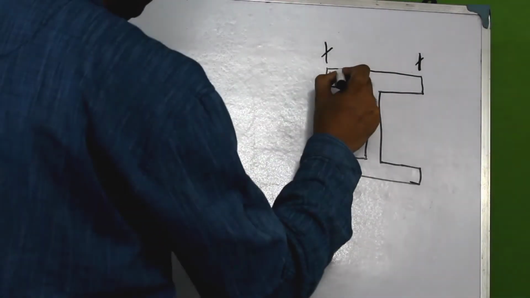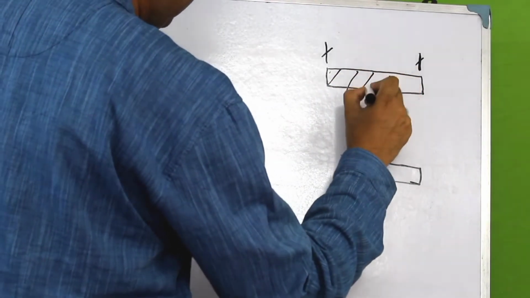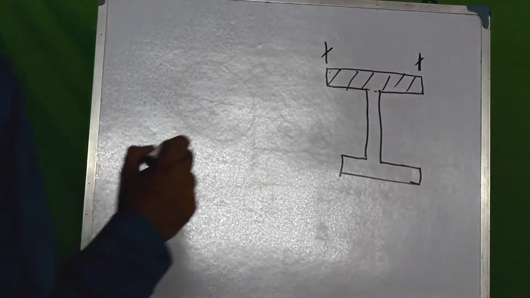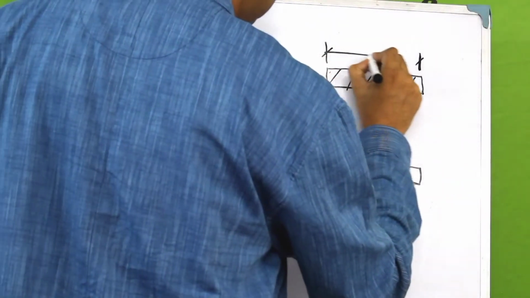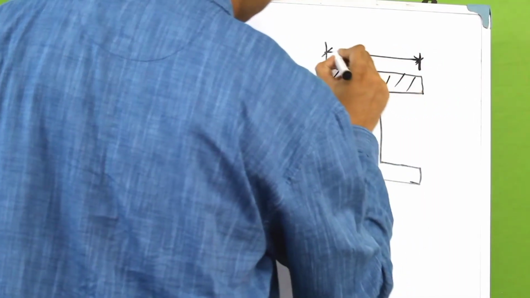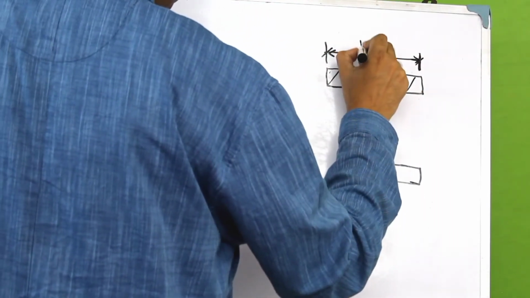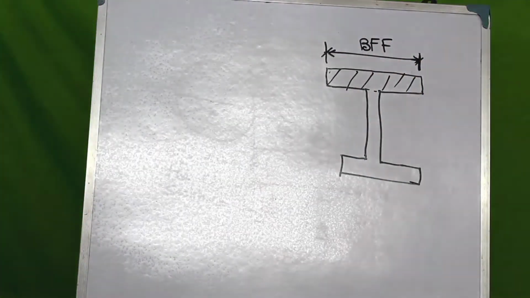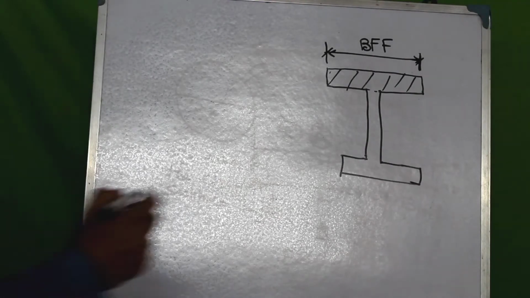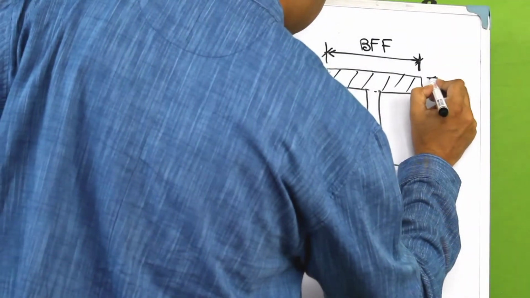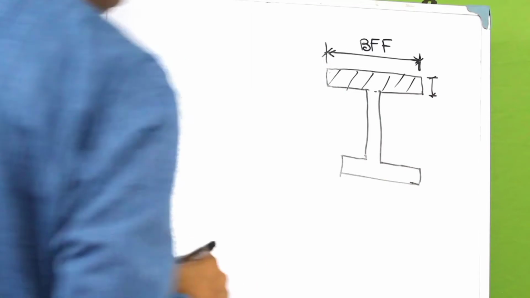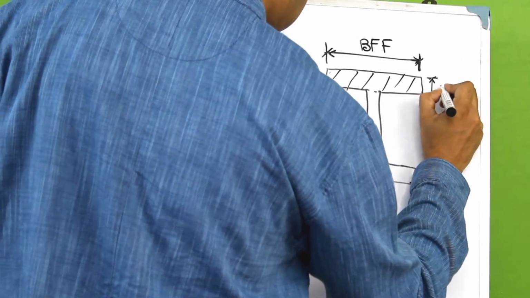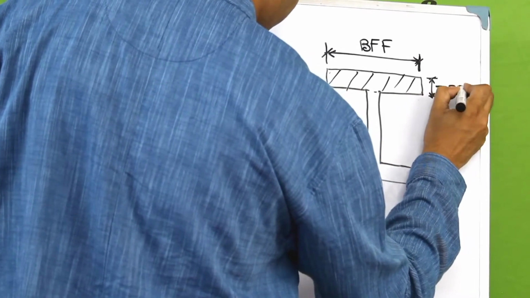Now this part of an I section is called the top flange. The top rectangle, and the width of the I flange in STAAD user table general section is represented as BFF, which sort of represents the breadth of the flange, and then the thickness of the top flange is represented as TFF.